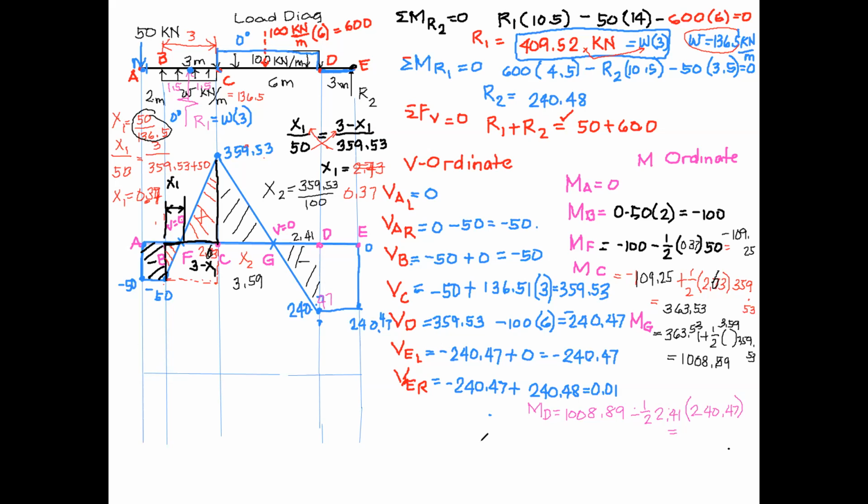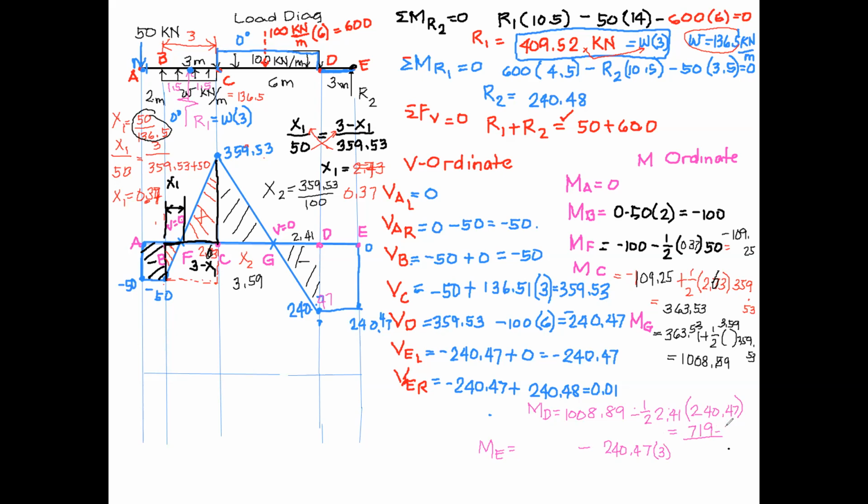Whatever the answer there, that will be placed at E. Tapos, i-subtract ulit natin, pero area na lang ng rectangle. 240.47 times 3. Ano yung sagot dito? 1008.89 minus 0.5 times 2.41 times 240.47 is 719.12.